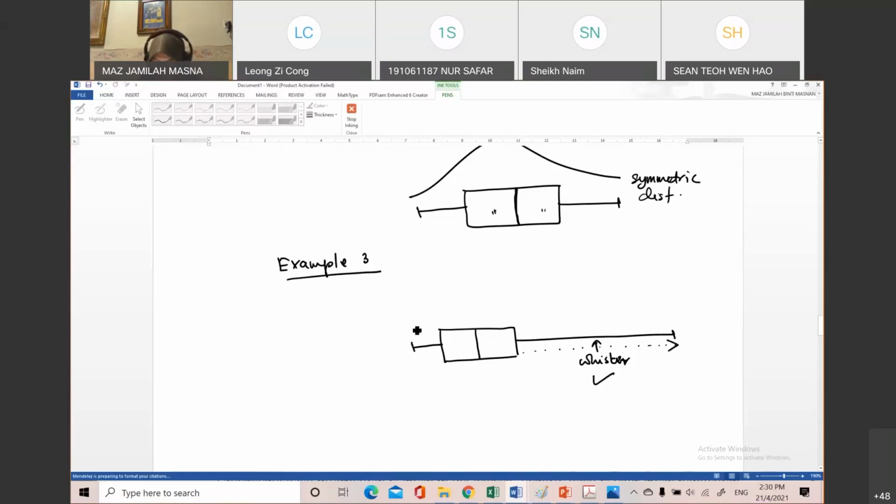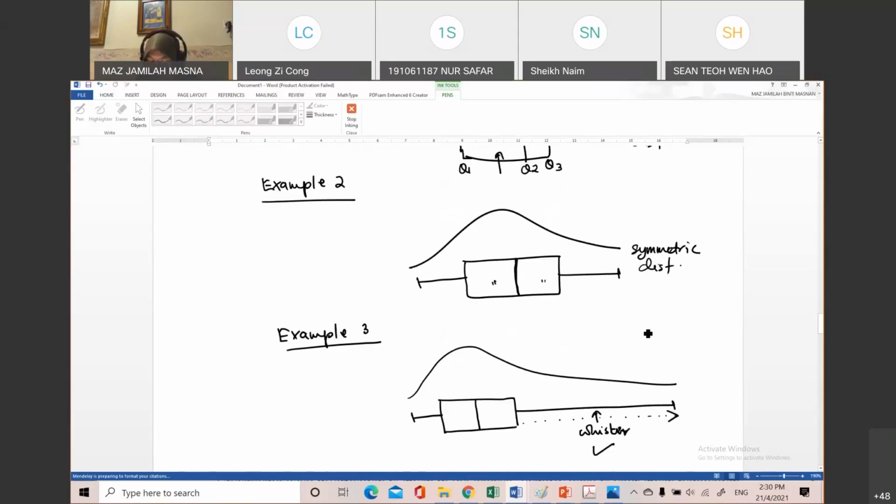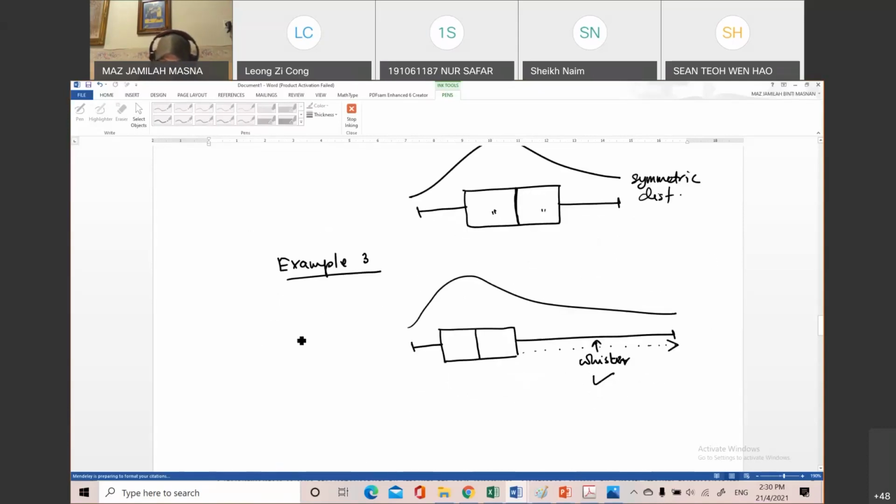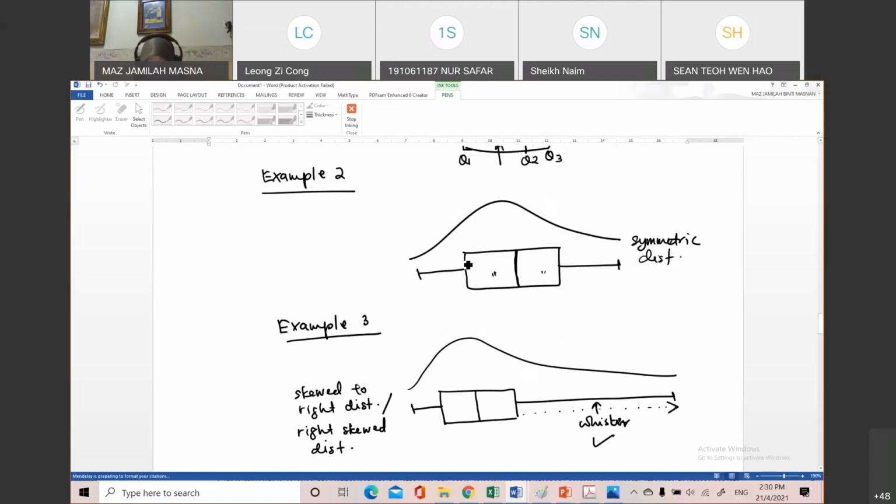In this case, you know that this is a skewed to the right distribution, or sometimes we call it a right skewed distribution.